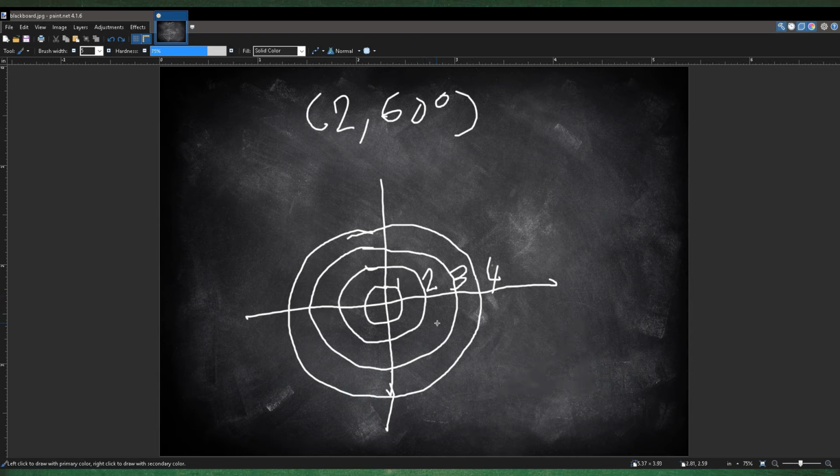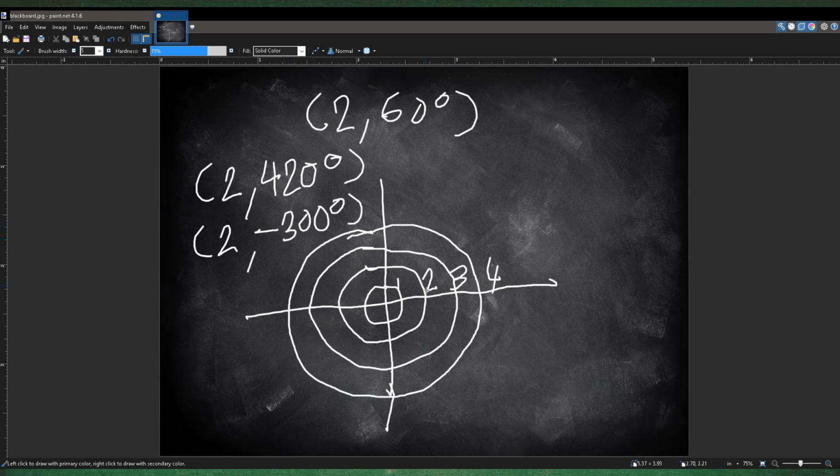There are actually multiple ways of writing this. You could write it as 2 comma 420 degrees, or 2 comma negative 300 degrees. Sorry, that doesn't look like 400.